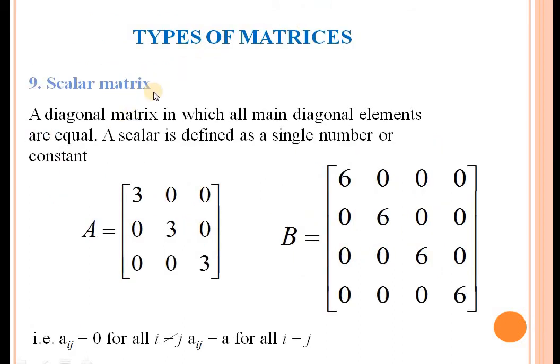Next type, scalar matrix. It is a diagonal matrix in which all main diagonal elements are the same. So what is a scalar matrix? A diagonal matrix, that is, off-diagonal elements are 0, plus all the diagonal elements are equal.